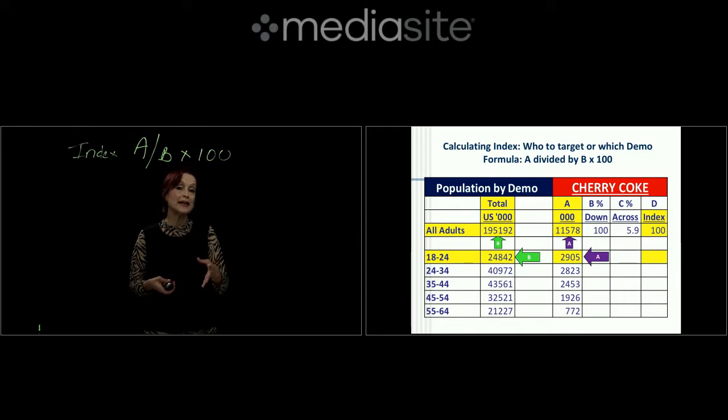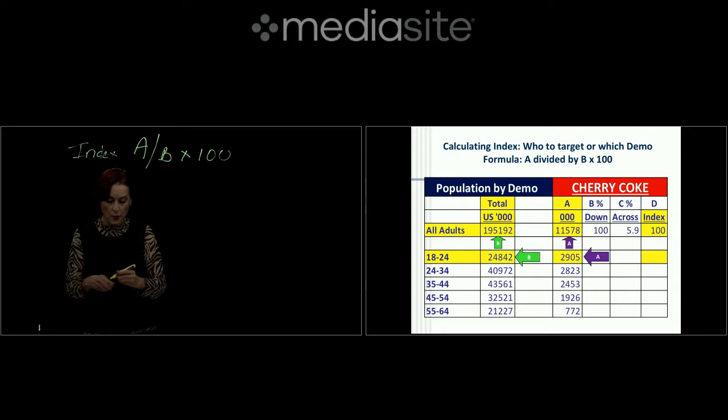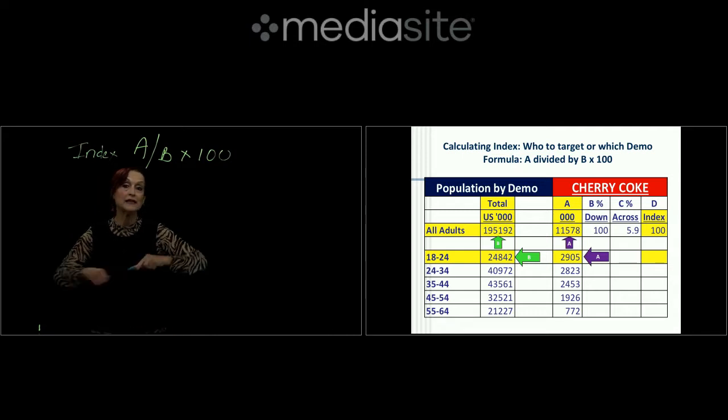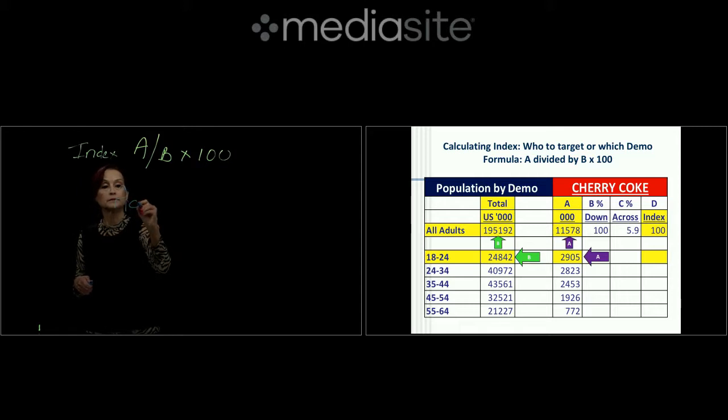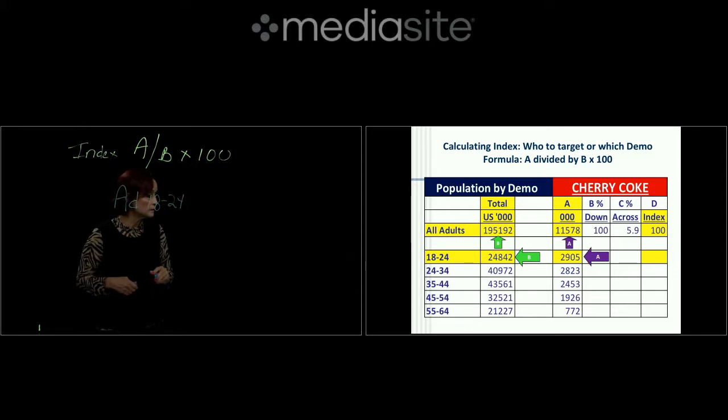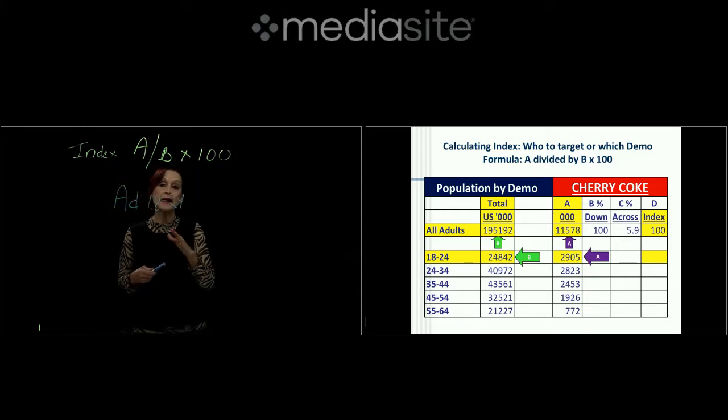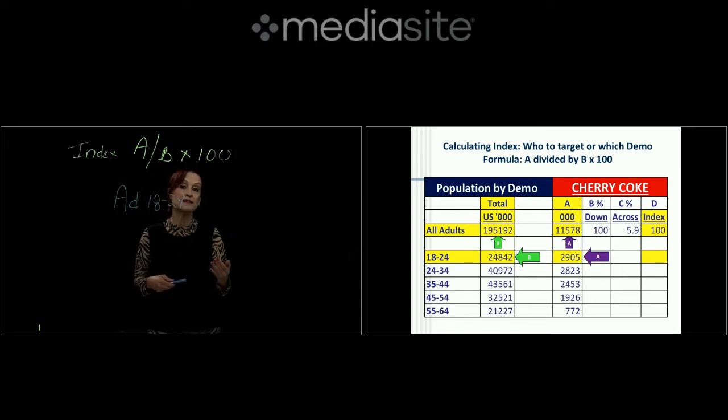You can also see in the extreme left that there's a breakdown by demographics, starting with all adults, and then it goes 18 to 24, 24 to 34, 35 to 44, etc. We will only do the adults 18 to 24 cherry Coke index.